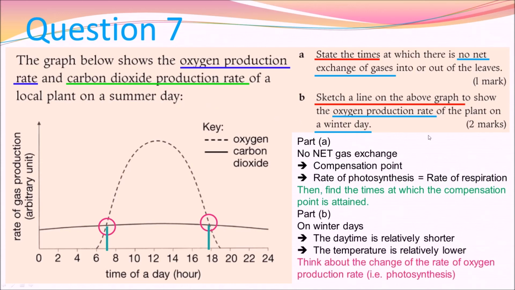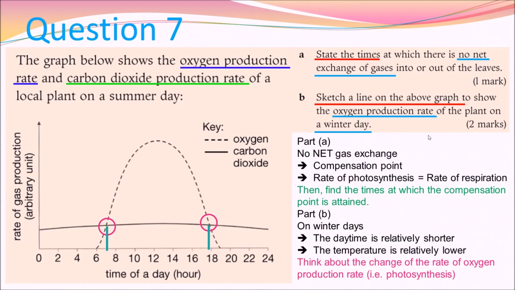For example, on winter days, the daytime is relatively shorter. That means the sunrise will be a bit later and the sunset a little bit earlier. The daytime will be shorter, and the temperature is also relatively lower. How do they affect the rate of photosynthesis of the plant?